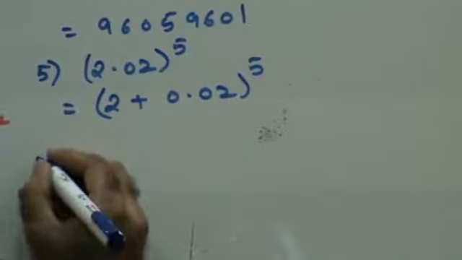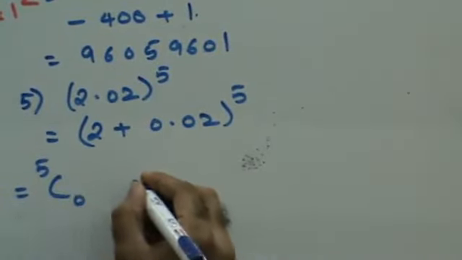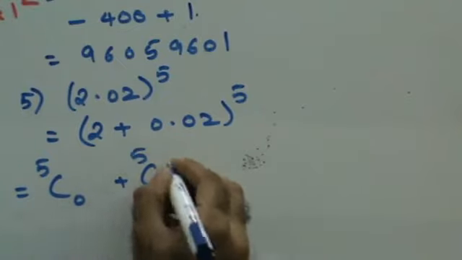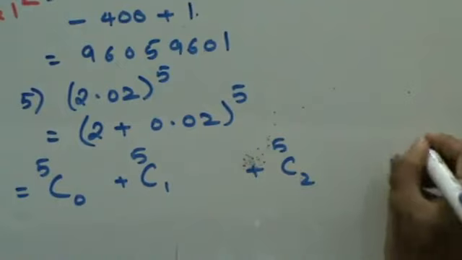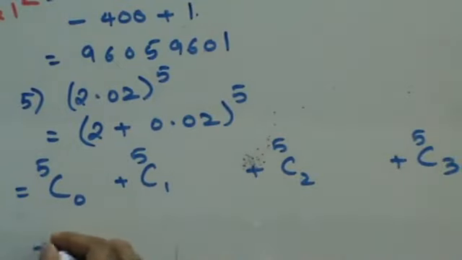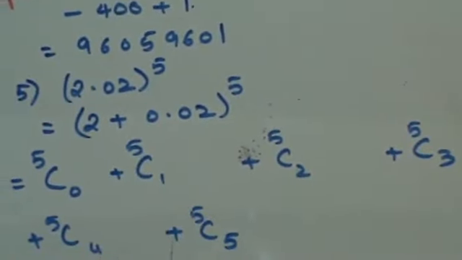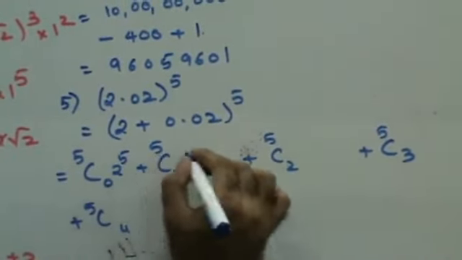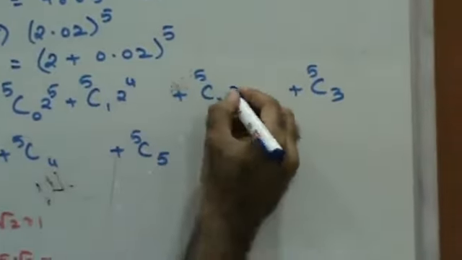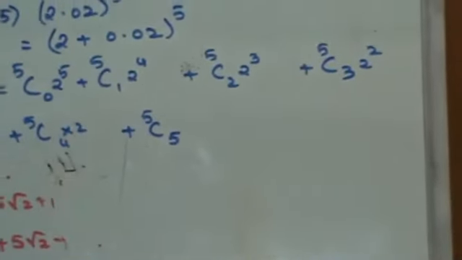Binomial expansion: C5 of 0 plus C5 of 1 plus C5 of 2 plus C5 of 3 plus C5 of 4 plus C5 of 5. This can be written as 2 raised to 5, 2 raised to 4, 2 cube, 2 square into 2.